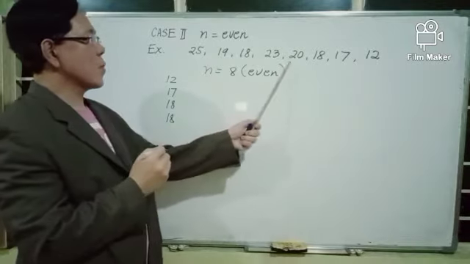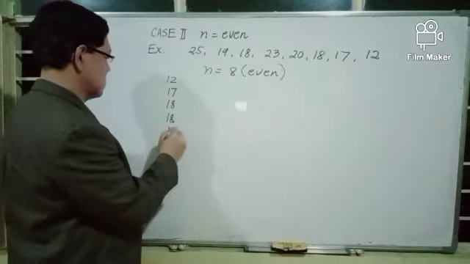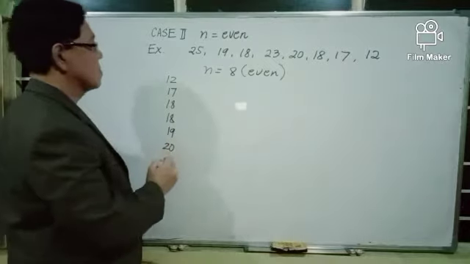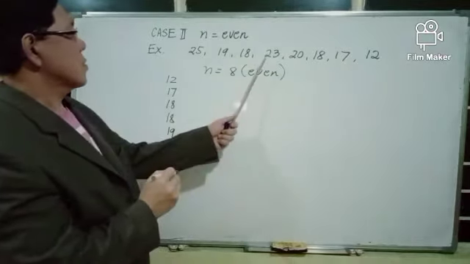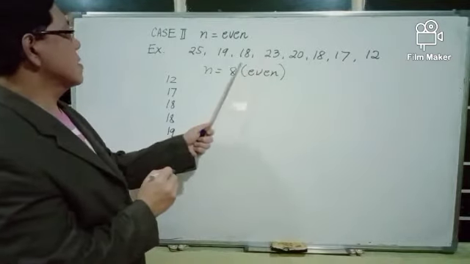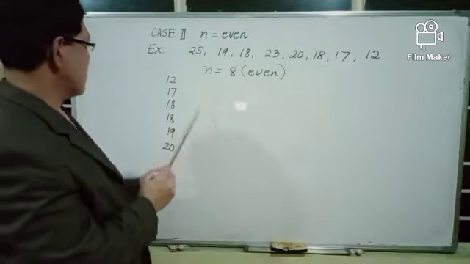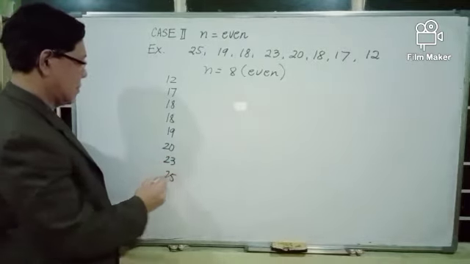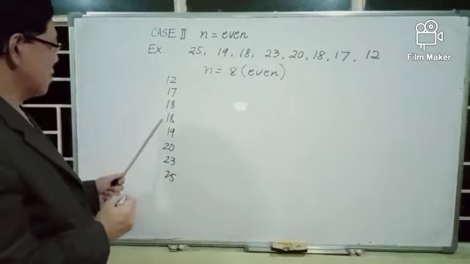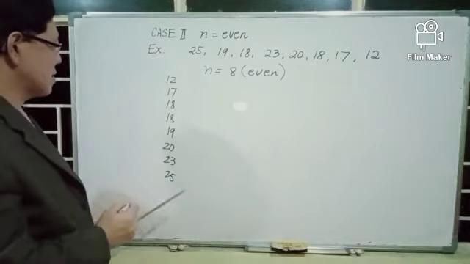There's 19, 20, 23 and 25. We have 1, 2, 3, 4, 5, 6, 7, 8.